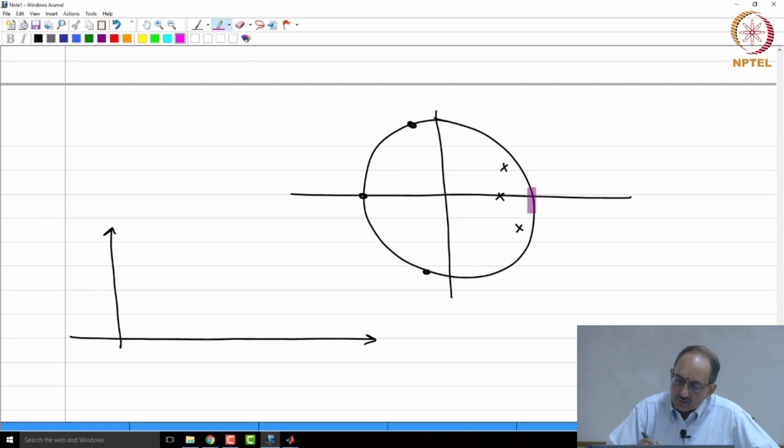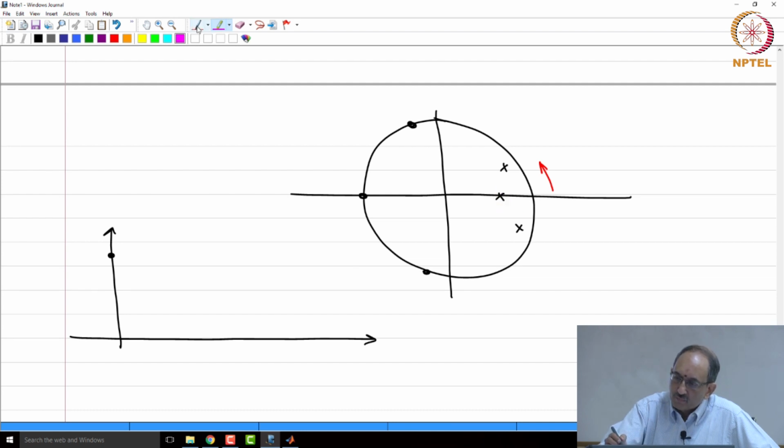So, what I am going to do is I am going to start off at this point at omega equal to 0. I will have a certain frequency response. Then what is happening is I am going to go along the unit circle like this. When I am here and I move away from omega equal to 0, what I am doing is I am moving away from this pole.